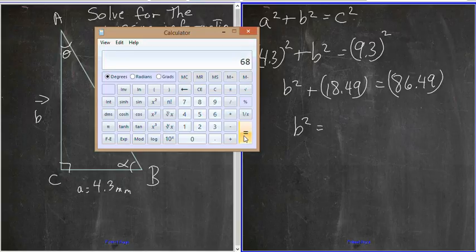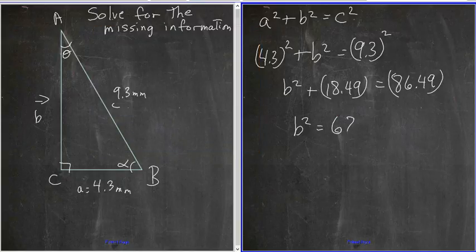And the square root of 68 would be 8.2 centimeters. So that solves for our B.